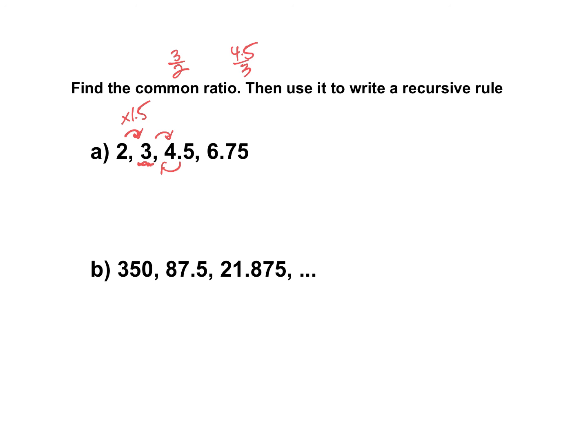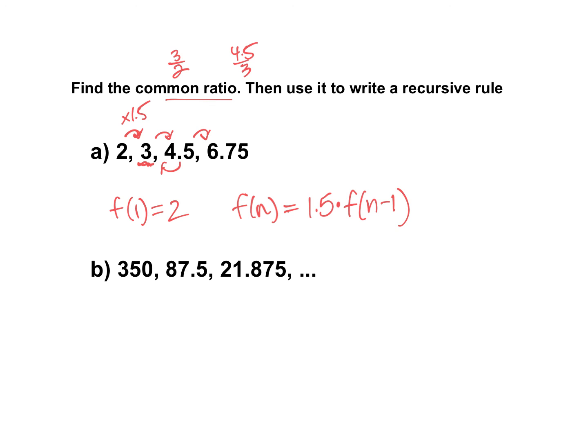Does 3 times 1.5 equal 4.5? It does. So there is my common ratio. So my recursive rule would be f of 1 equals 2, first term is 2. And then to find any term, I would take my common ratio, which is 1.5, times the previous term.